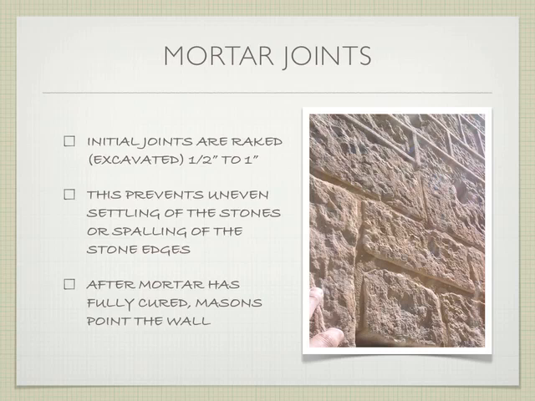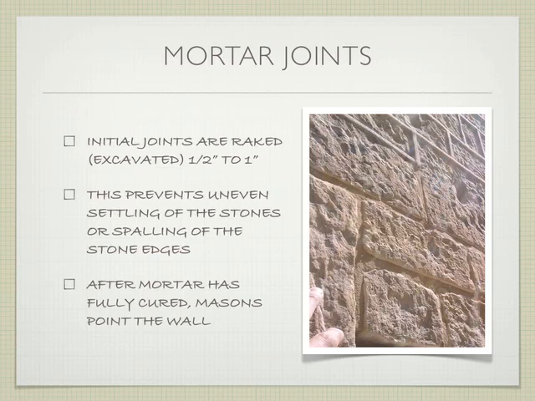So when I put these two pieces together, there's a bed joint of mortar that ties the two together. What I'm going to do after I put those two together is go through and rake or excavate out the front bit of this mortar. So I'm going to cut out that front bit of mortar a half inch to a full inch, depending on the sizes of the stones.